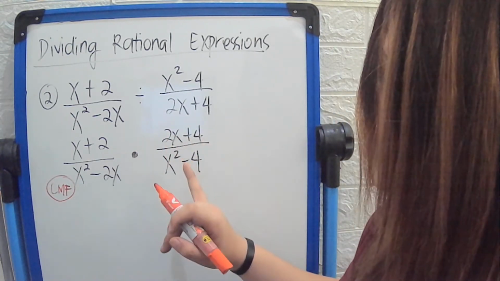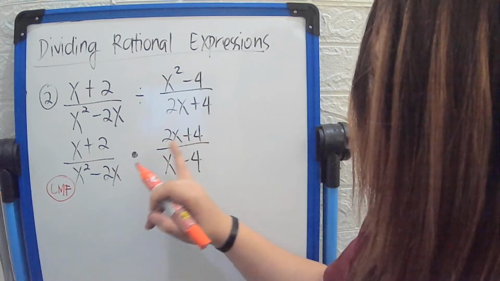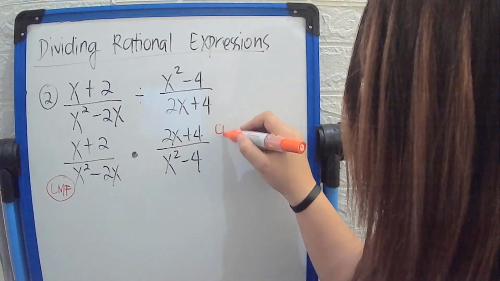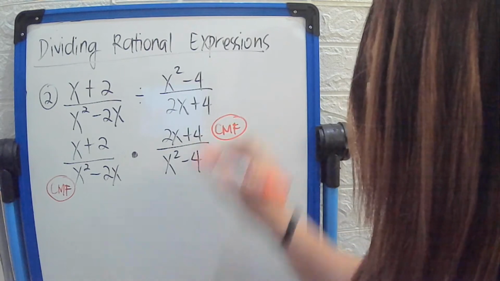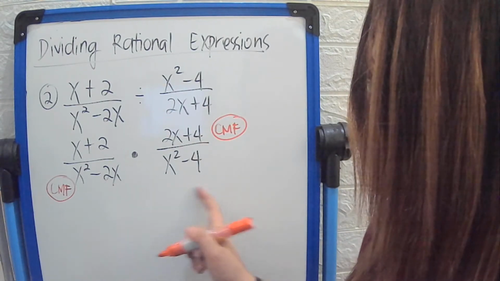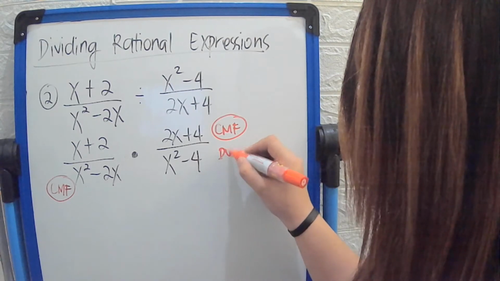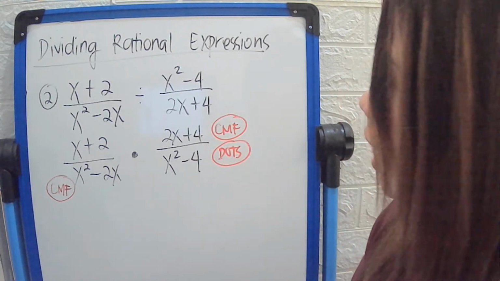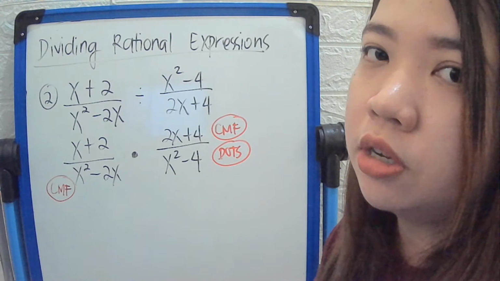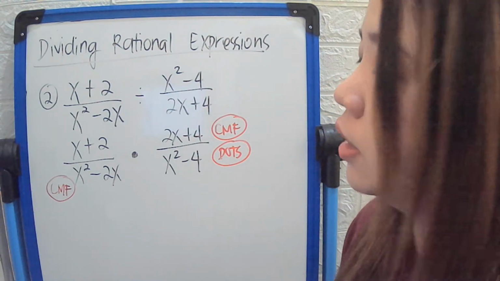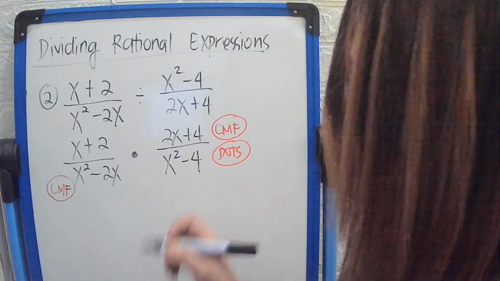Same goes here. I can have a common factor, which is 2, so I can have CMF here. On this part, I have a difference of two squares, or DOTS. So after identifying the factoring methods to be used, let us now factor out each polynomial.